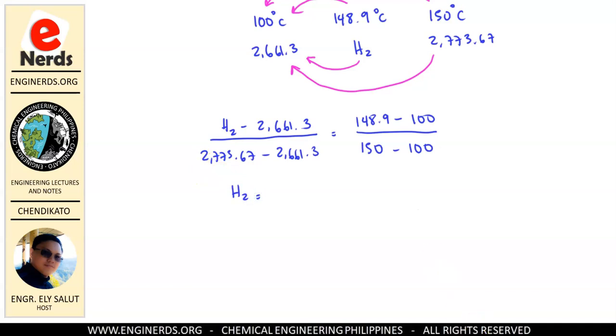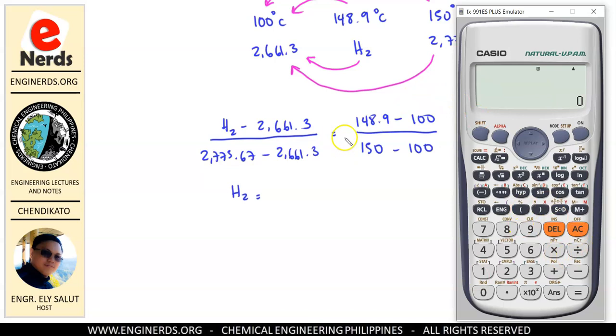Okay, so calculator ulit tayo. Starting with this, no? So we have 148.9 minus 100 divided by 150 minus 100 times itong denominator natin because we're going to transpose that dito sa right side. So we have 2773.67 minus 2661.3.